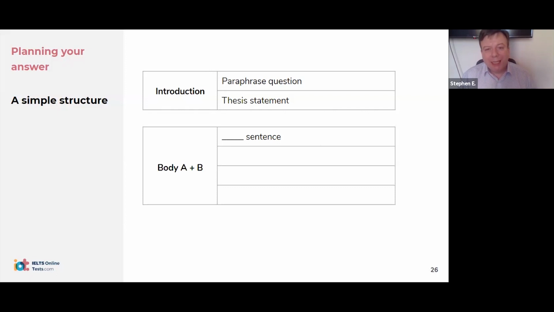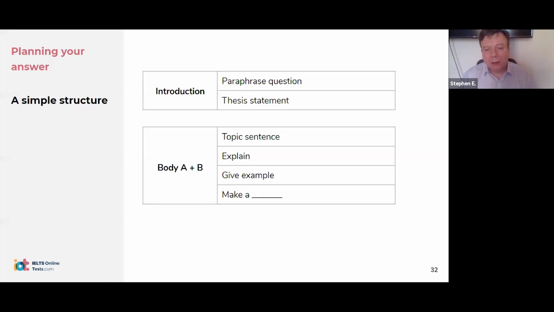So what will we have at the beginning of our body paragraphs? Topic sentence, very good. And then what will we give? Support, okay. And how can we do that? Okay, we'll explain. And then give examples, okay, or an example. Good.